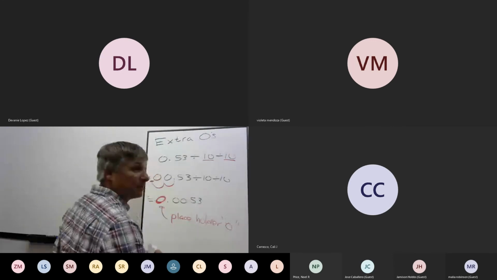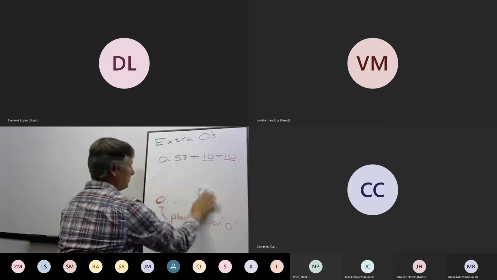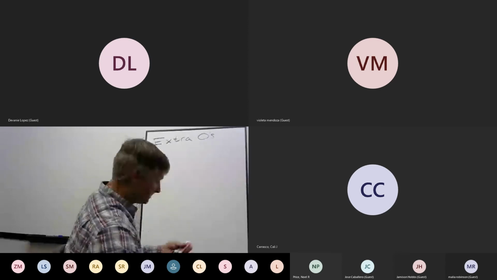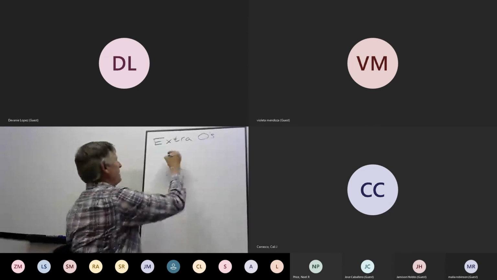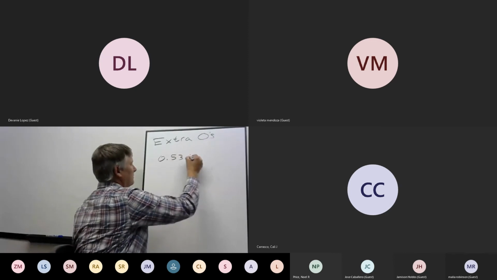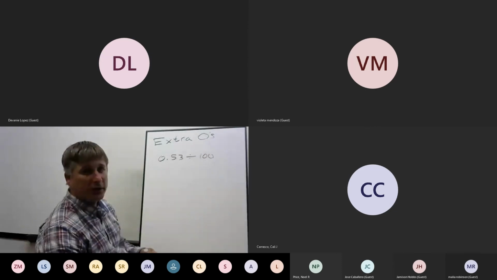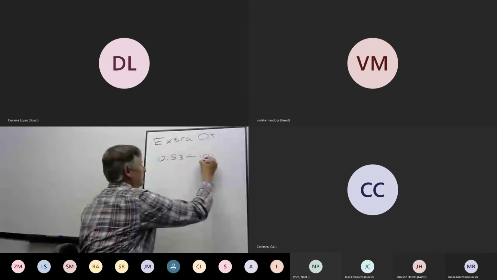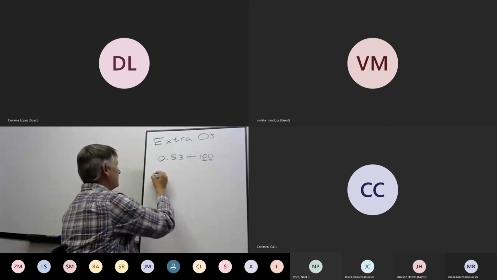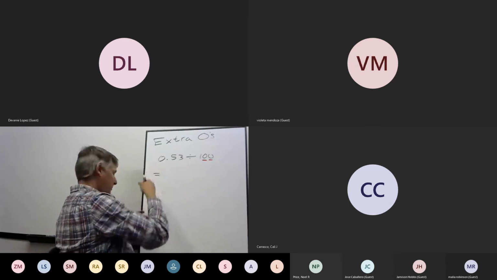So let's say we have something like this, though. No, I'll do one other thing here. Let's say we have divided by 100. Then I'll show you something else. Again, we can use the counting zeros trick. 0, 0. So that means we need to move left, and then we need to move one more position left.